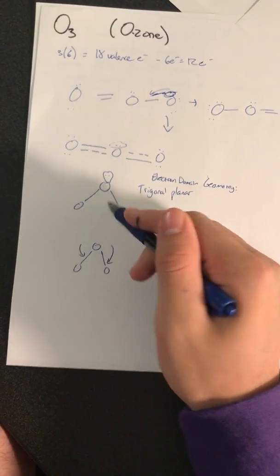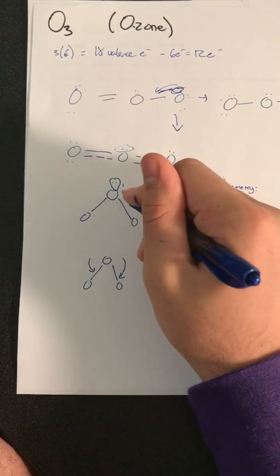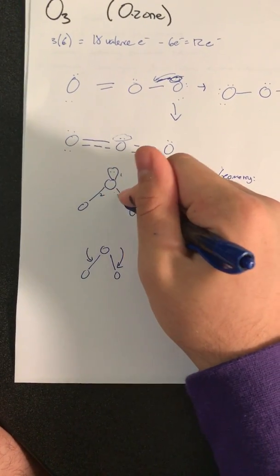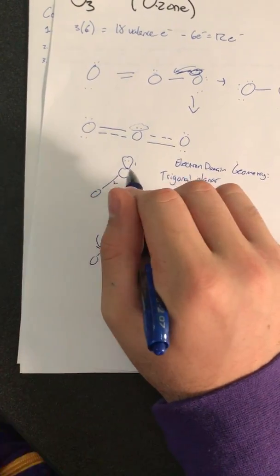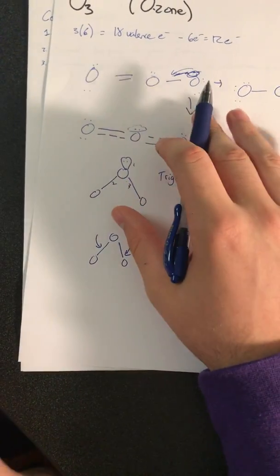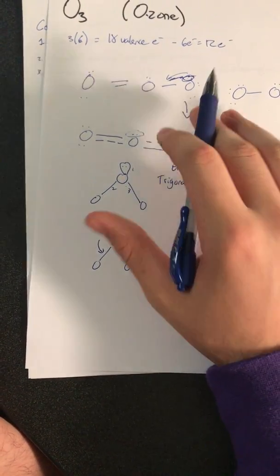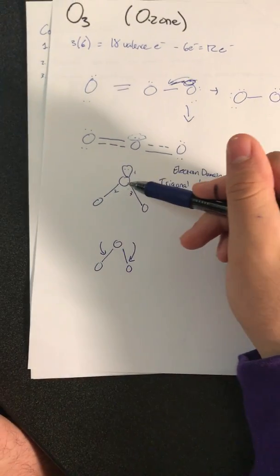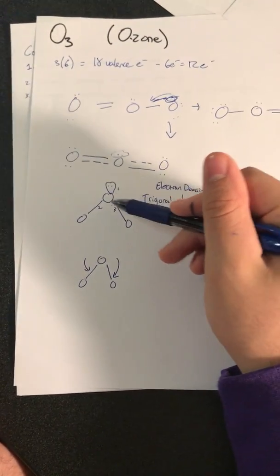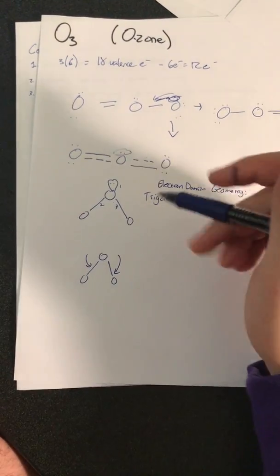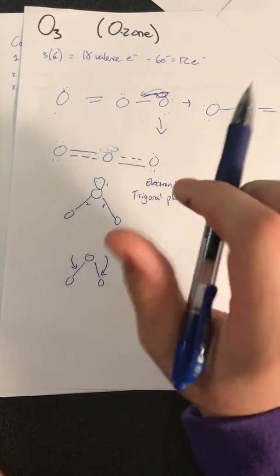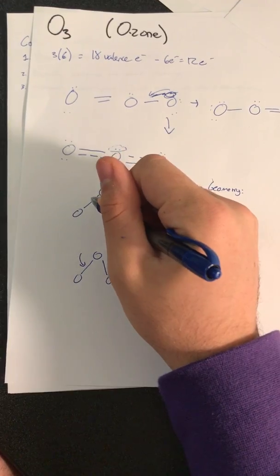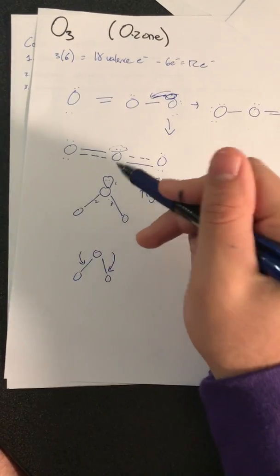So because oxygen has 3 domains, this first one not being identical to these two, we know that all 3 of those domains are not equivalent. This is not equivalent to 2 or 3 because it's a set of non-bonding electrons.